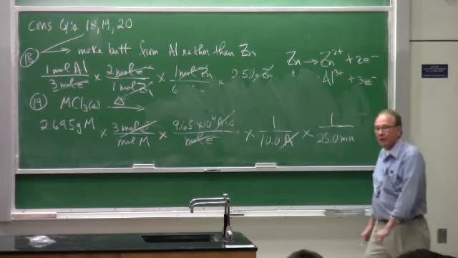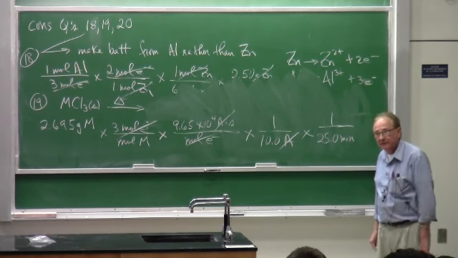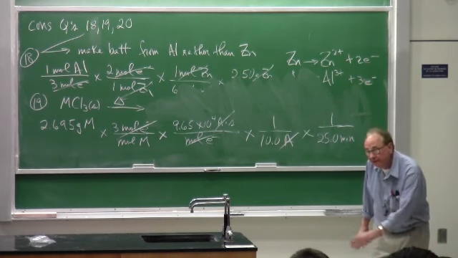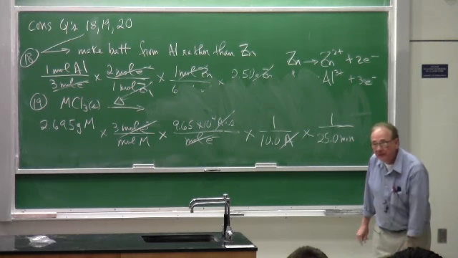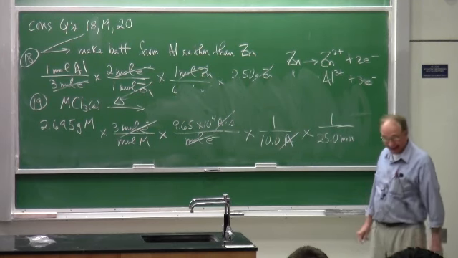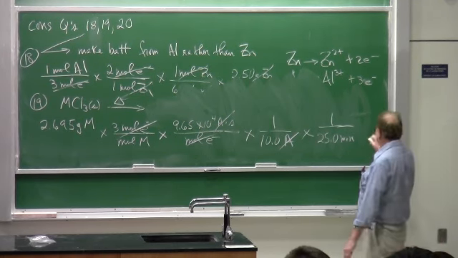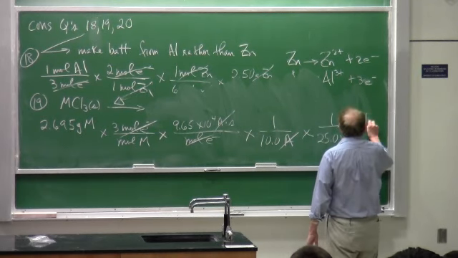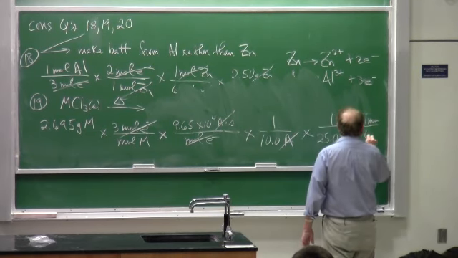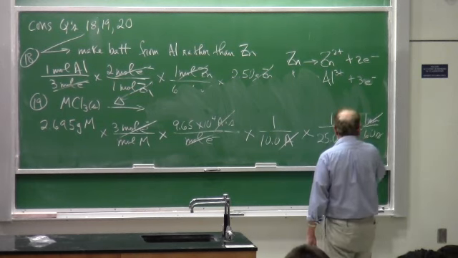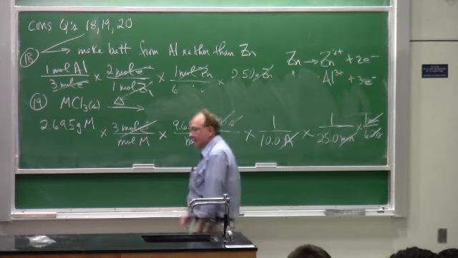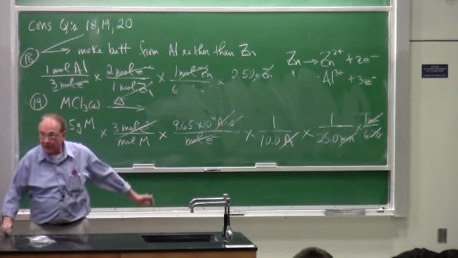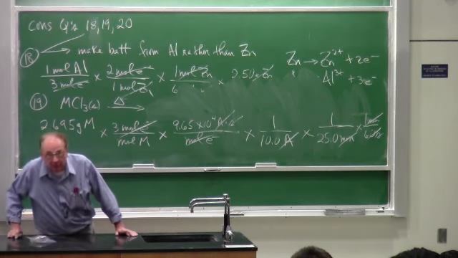So I've got to make one more unit conversion. Watch out, this is tough. How many seconds in a minute? Done. And this is the way to do it, and there's no other way if you want to be successful.